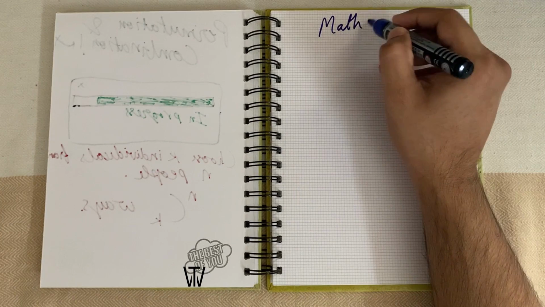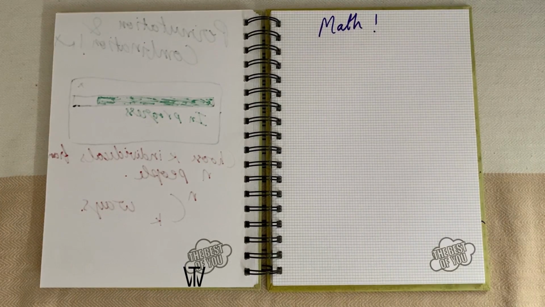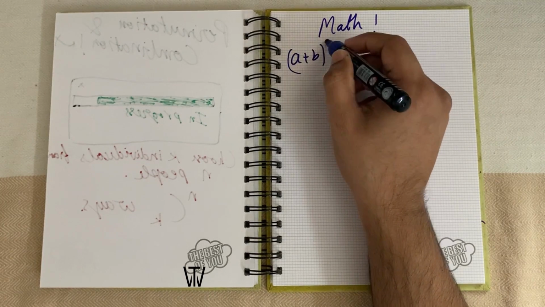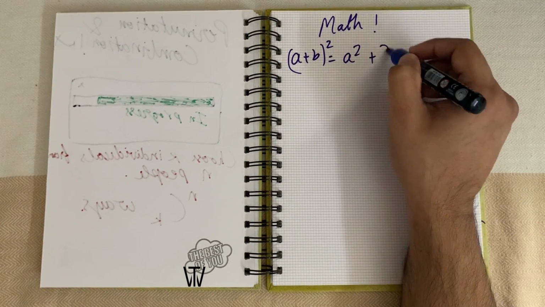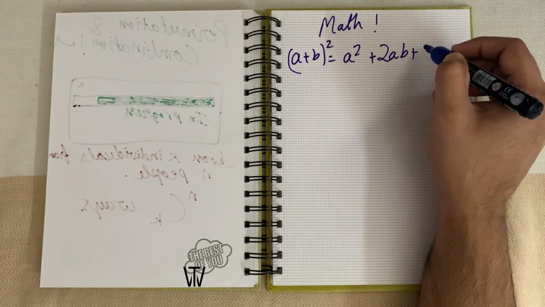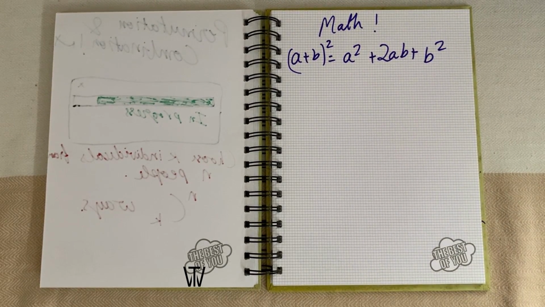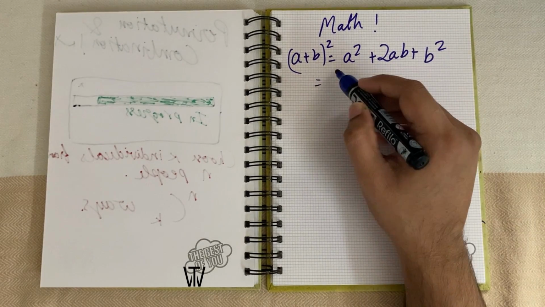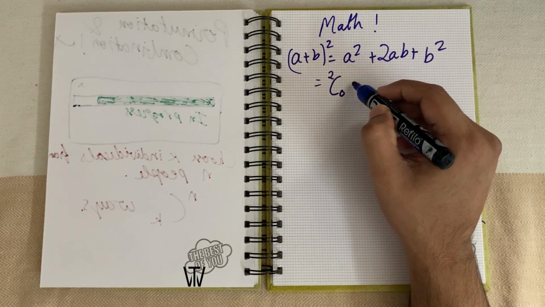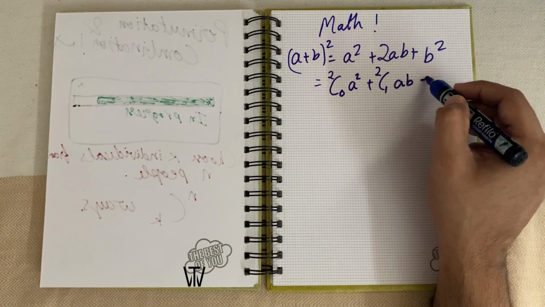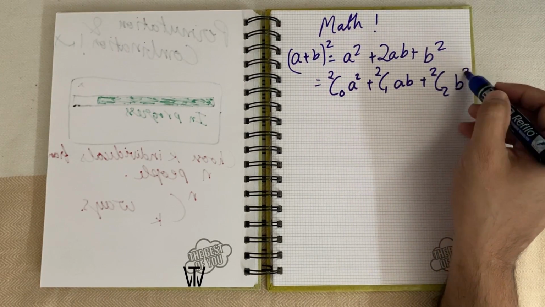If you remember your high school mathematics, you might remember that (a plus b) whole square equals a square plus 2ab plus b square. I could also write this as (a plus b) whole square equals 2C0 a square plus 2C1 ab plus 2C2 b square.